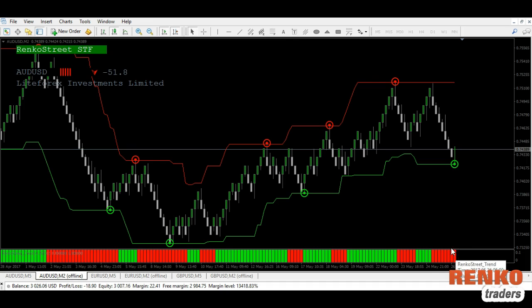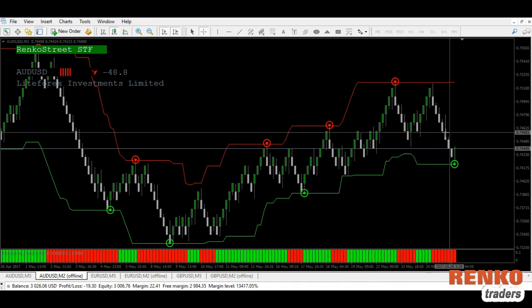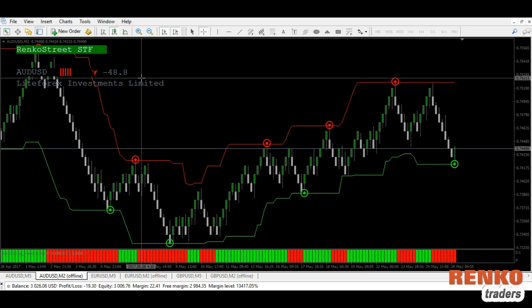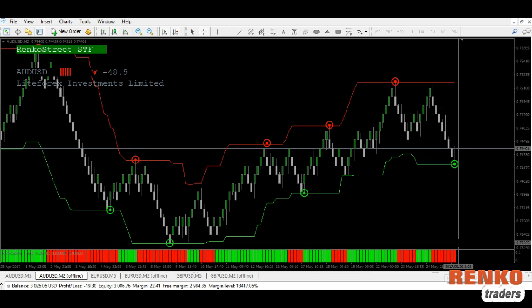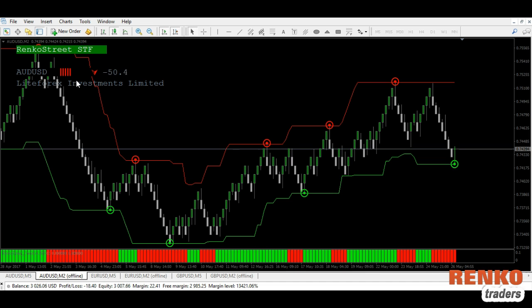Let's take a look at the Australian dollar, which again is in the negative both in terms of the currency strength as well as the trend, but this has printed a low. So we need to wait for this and this to turn positive in order to take any long position.